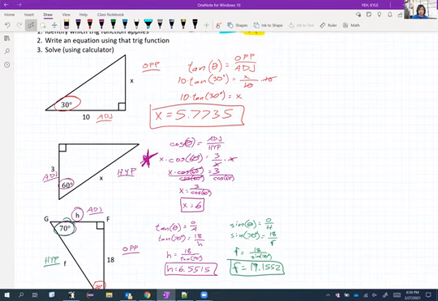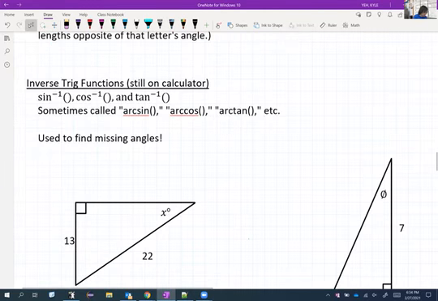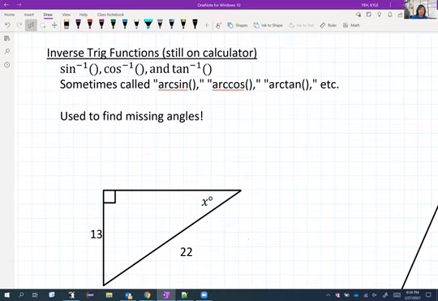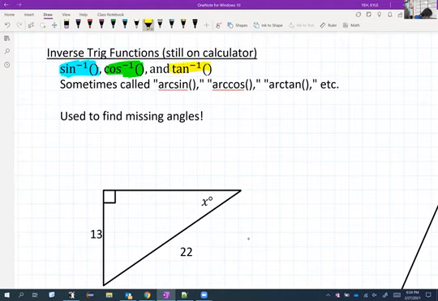Now, there are 3 more fairly quick problems that we'll be doing in this video. I know there's a lot in this video, but we also have what are called inverse trig functions. We're still going to be using the calculator for them. Inverse sine, inverse cosine, or inverse tan are normal trig functions with a little -1 up there.